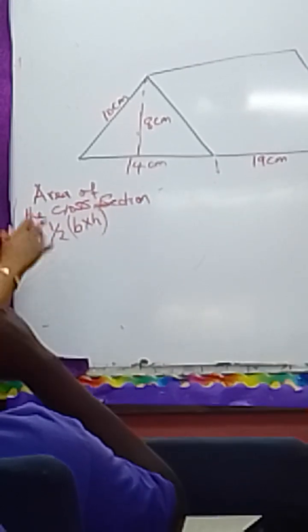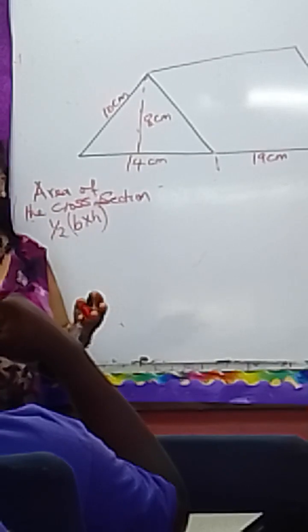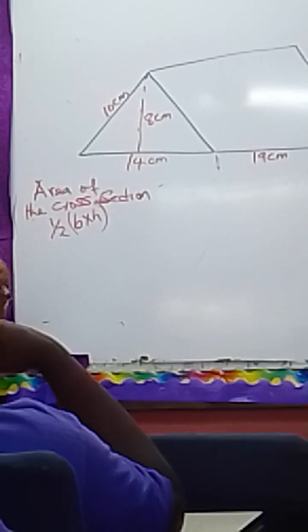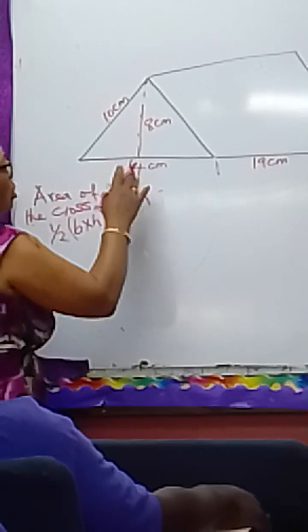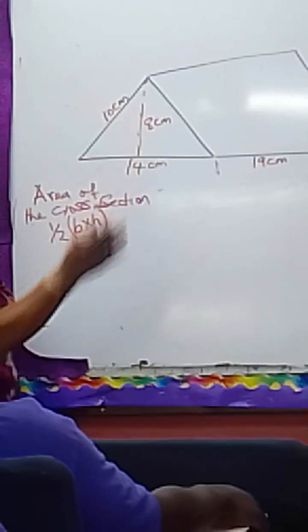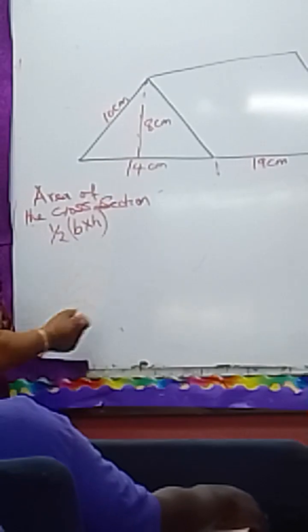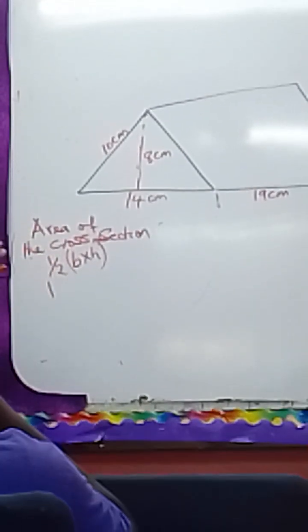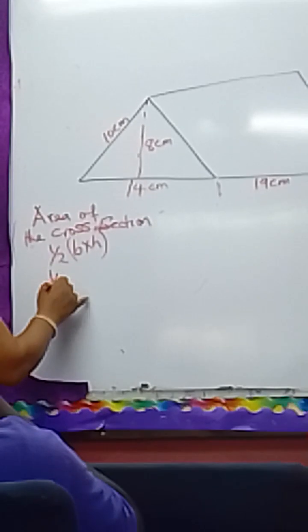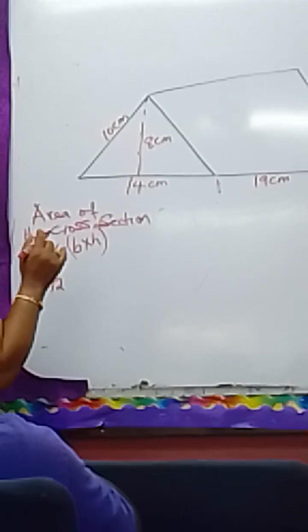Now, I could do half the base and multiply it by the height, or I could do the base times the height and divide by 2. Whichever one you do is going to be the same thing. So I could do 14 times 8 and divide it by 2, or I could do half of 14 and then multiply by 8.